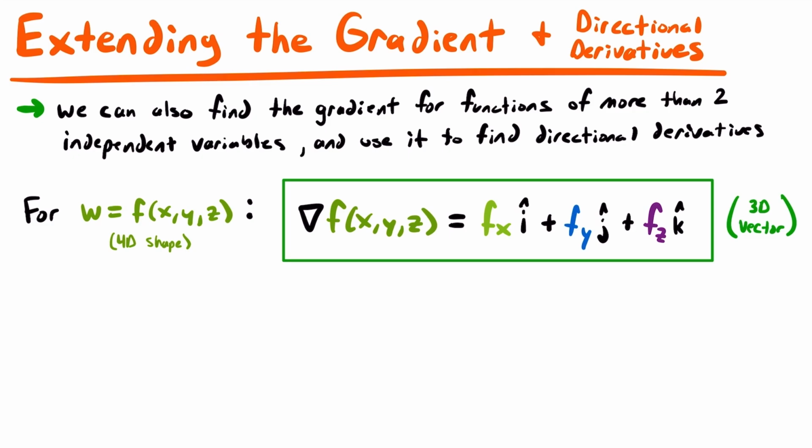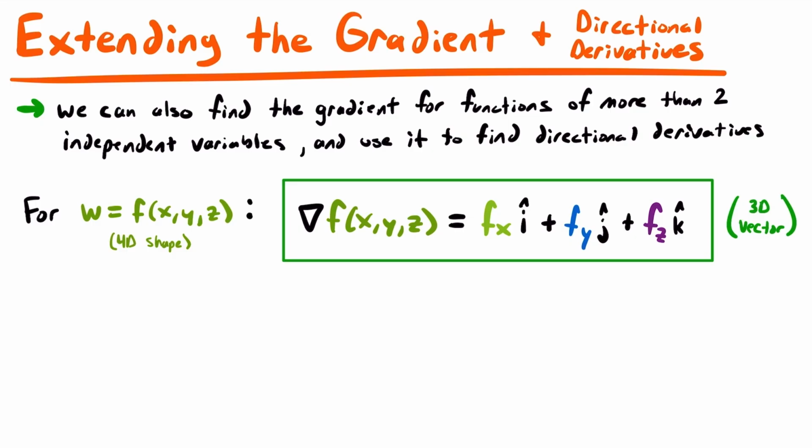So notice here that just like for multivariable functions of 2 independent variables, the gradient vector is 1 dimension lower than the actual function that it is the gradient vector of. The function itself represents a 4-dimensional shape, but the gradient vector is a 3D vector. It is 1 dimension less, so that still holds true.